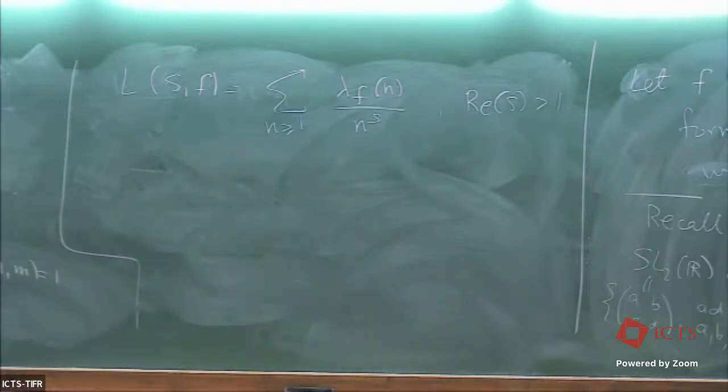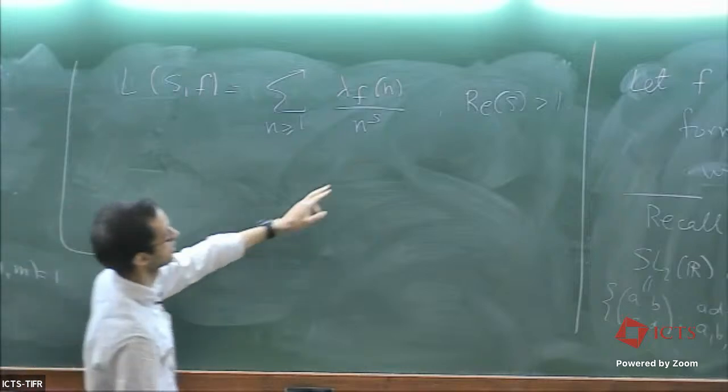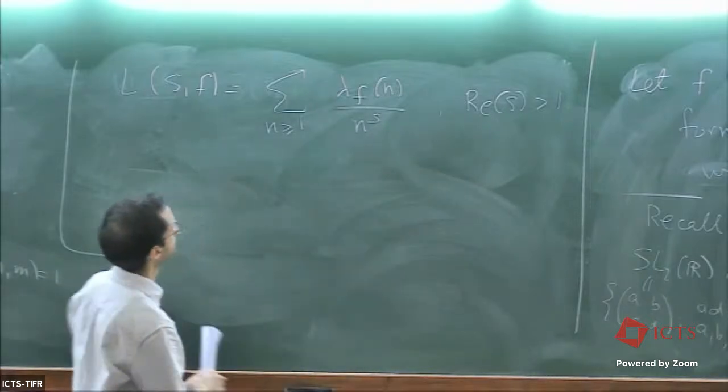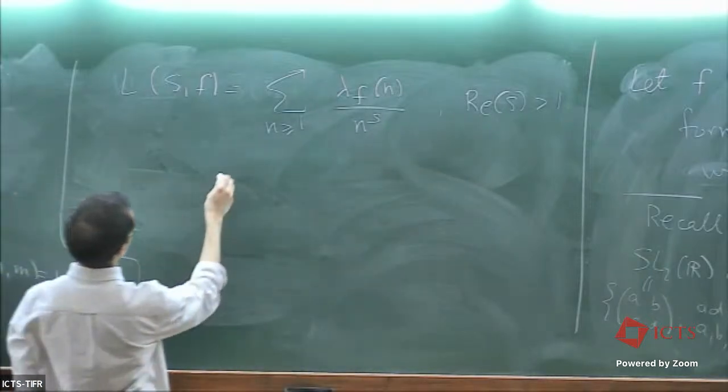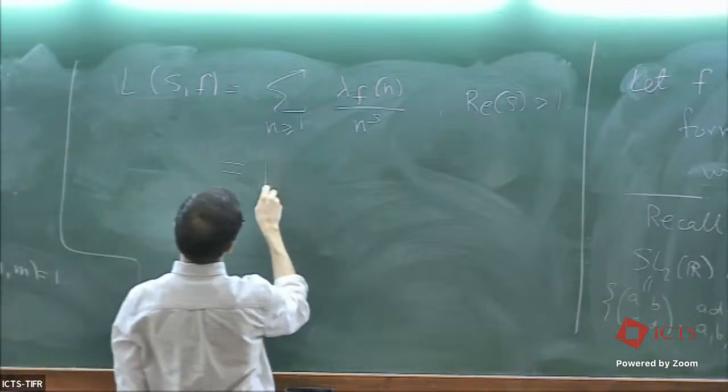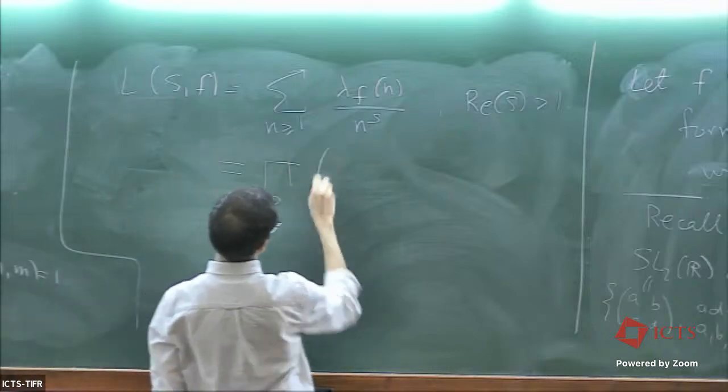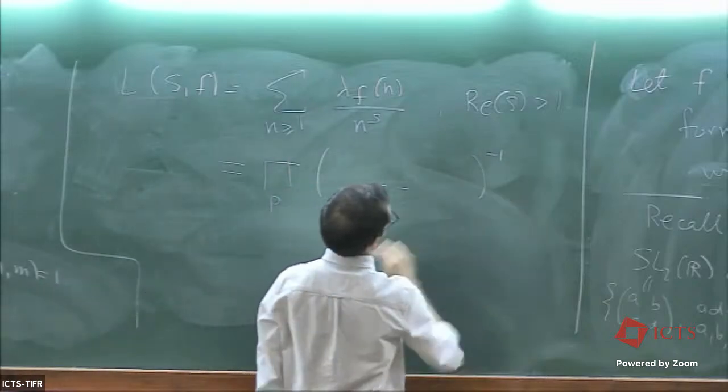It converges for real s bigger than 1 because you have the Ramanujan bound, so I've taken out its size right here. And so it does converge when real s is strictly bigger than 1. And because of the Hecke relations, you know that there is an Euler product.